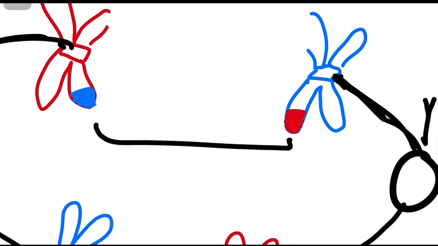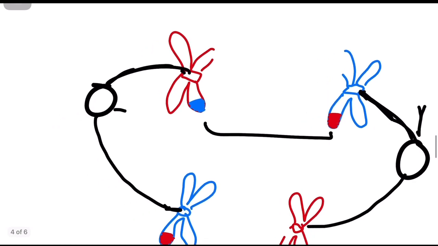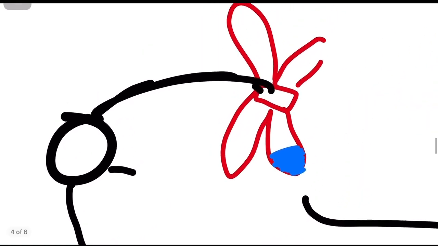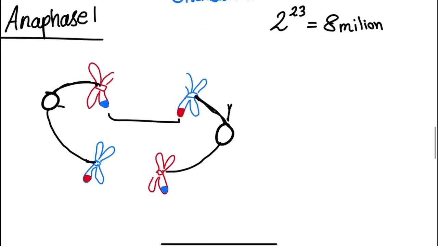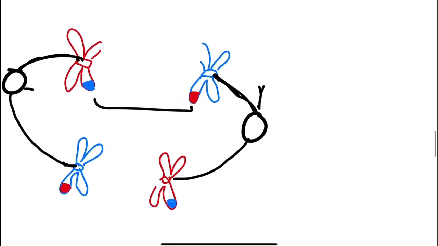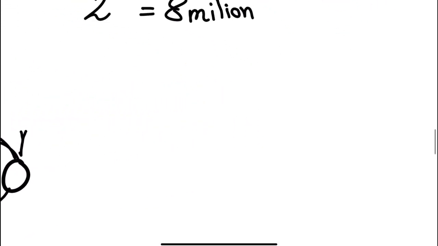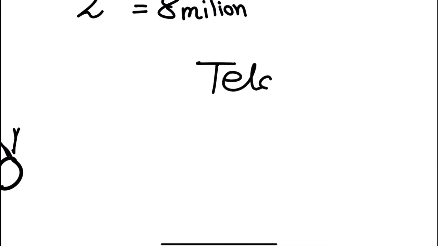The bond between the chiasmata is going to be broken down, and the chromosomes are going to be pulled off by the centrosomes because of the fibers attaching to the kinetochores. So they're going to be pulled away. Now we're going to transform into telophase.